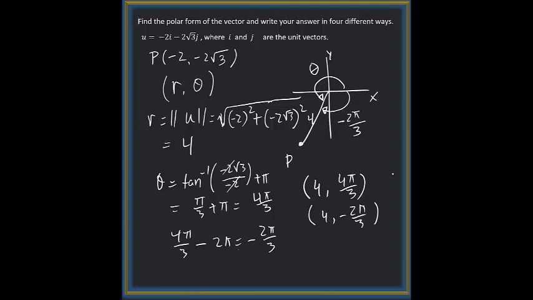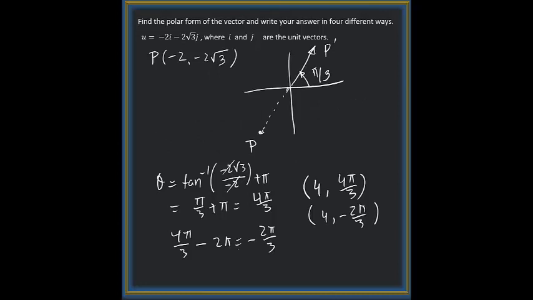Now we have to determine another two. In this representation, we are taking the image of P on the other side. So if this length is 4 for the vector, the other side will be negative 4. So we are writing here negative 4, and the angle here is pi by 3.